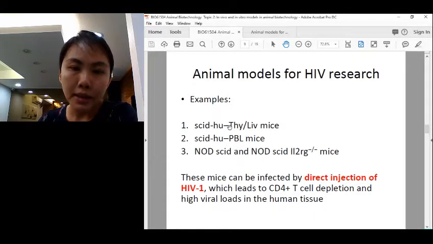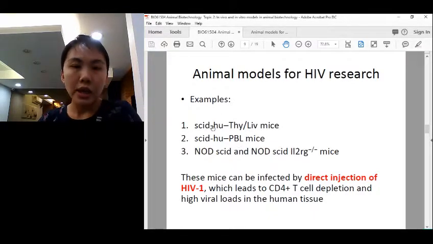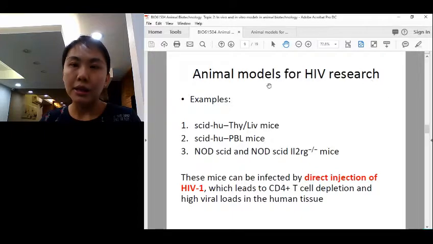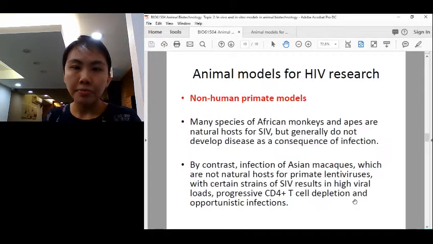So these mice are generated immunocompromised, reconstituted with human immune system components, and injected with the HIV virus, which generates and develops these HIV models for research.